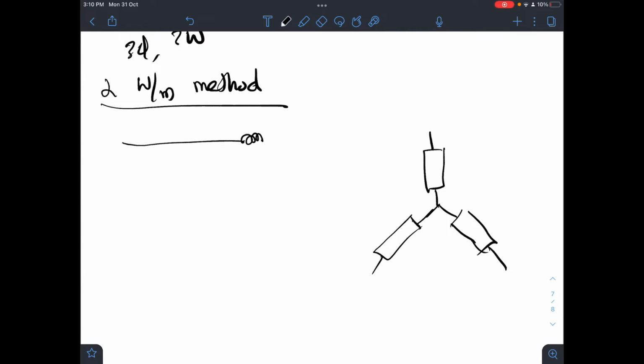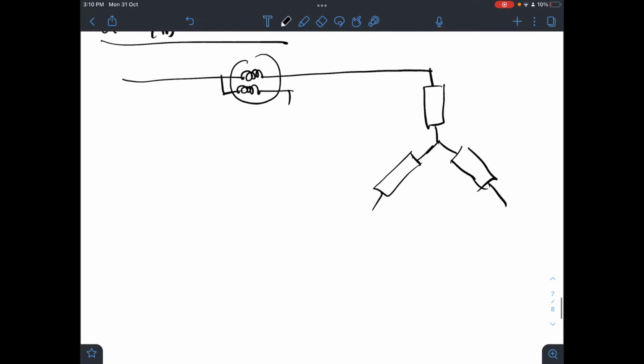One I will keep like this and connect it, and another one I will take. Now let us suppose that this is the R phase, or I will use A phase.